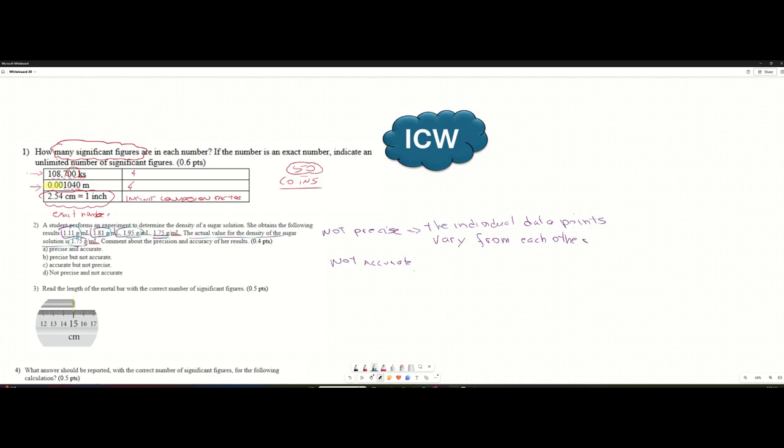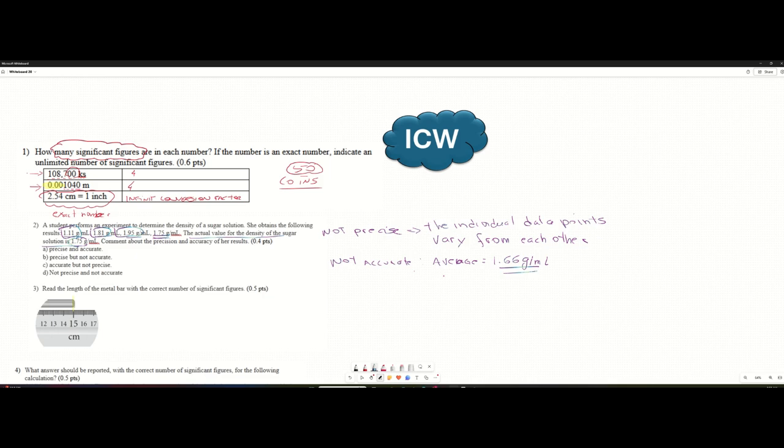And if you do the average, which will be the sum of all divided by the number of samples, so we have 1, 2, 3, 4, you're going to have 1.66 grams per milliliter, okay?